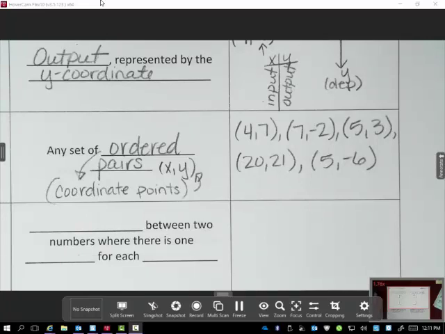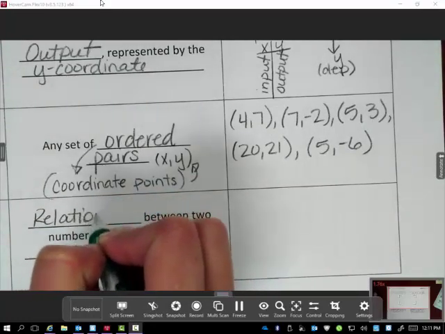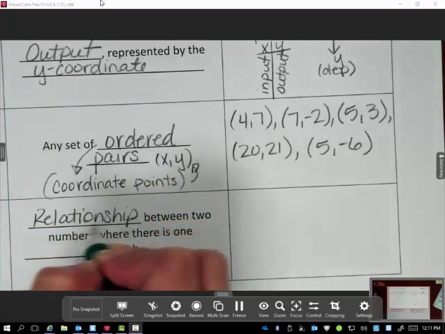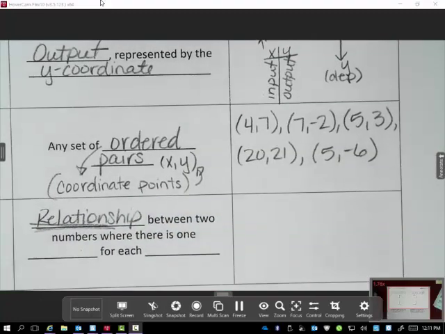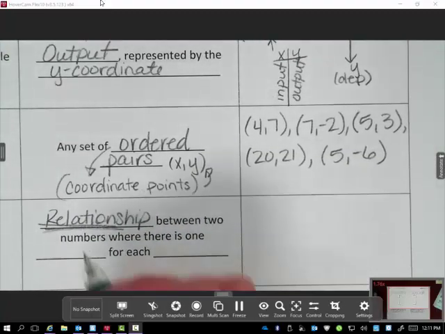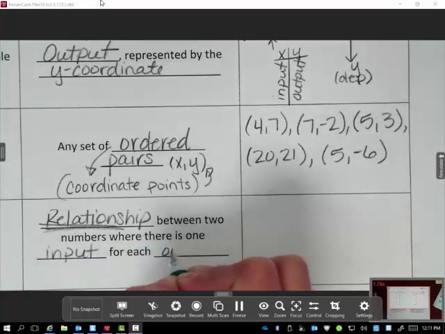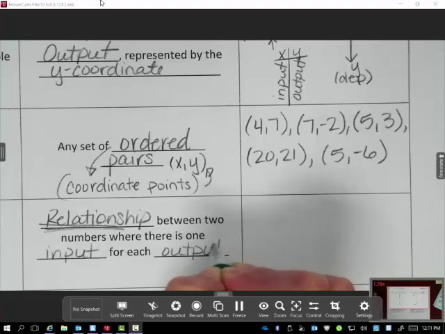Okay? All right, now a function is a relationship. Now, what word do you see inside that word? Relation. So I'm underlining relation. Okay? Between 2 numbers where there is 1 input for each output.